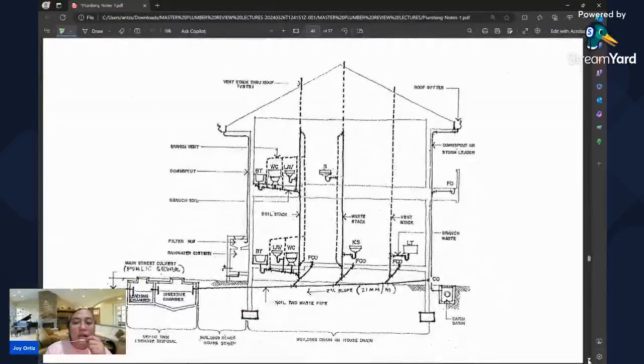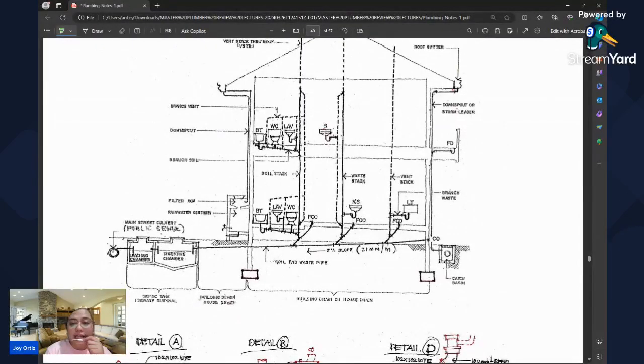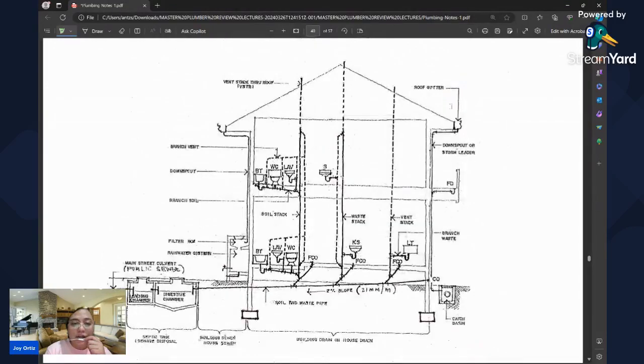Next. Okay, so this is a design of the drainage system natin. Dito muna tayo sa taas. As you can see at the upper, meron po tayong tinatawag na vent stack through roof. Dito po, nakakonect siya sa kada CR, no?